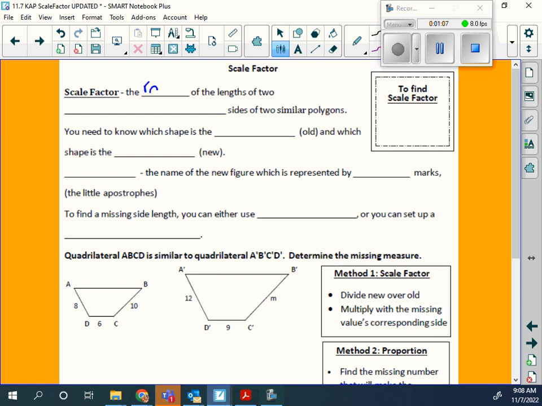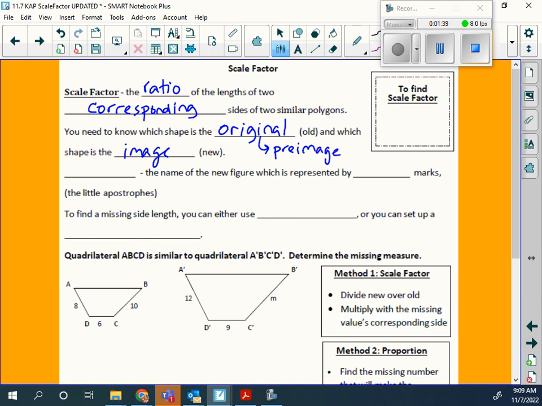It is the ratio of the lengths of two corresponding sides of two similar polygons. You need to know which shape is the original shape or old, and which shape is the image or new. Okay? You might also hear this one called the pre-image.